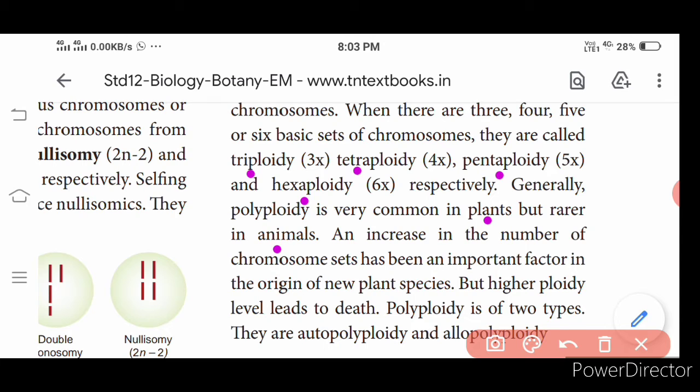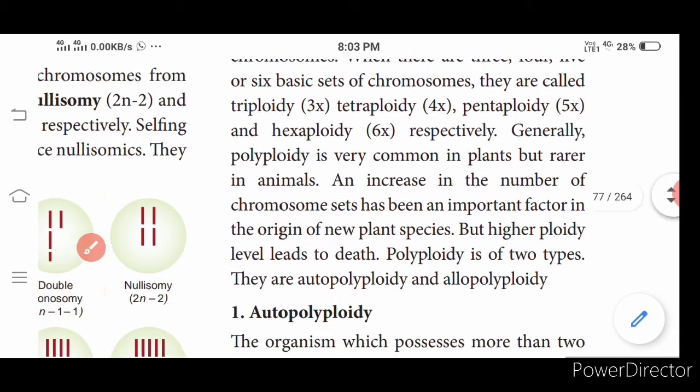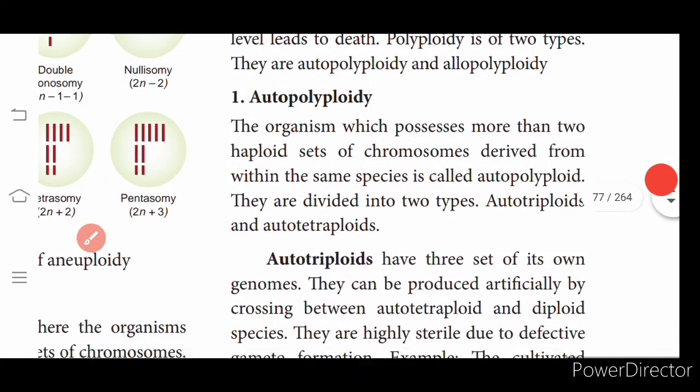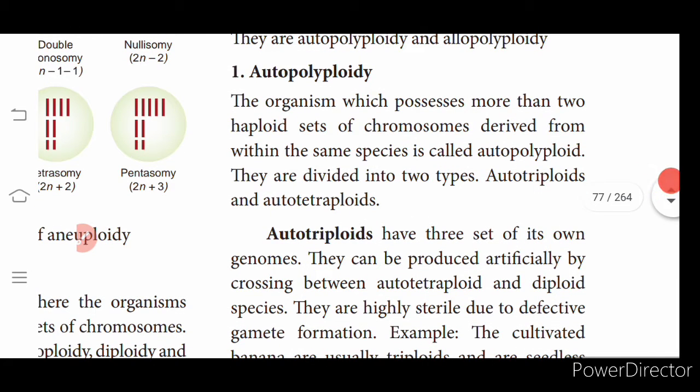An increase in the number of chromosome sets has been an important factor in the origin of new plant species. So in turn it helps in evolution. Okay, autopolyploidy: an organism which possesses more than 2 haploid sets of chromosomes derived within the same species is called autopolyploidy.